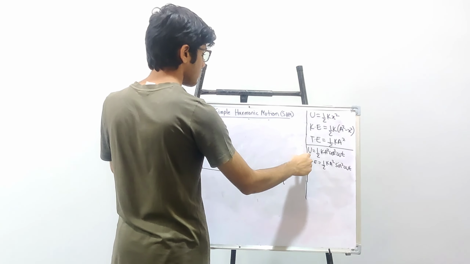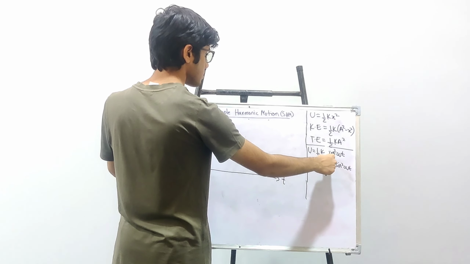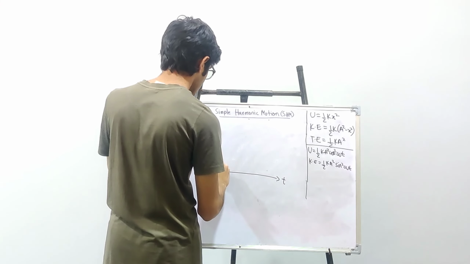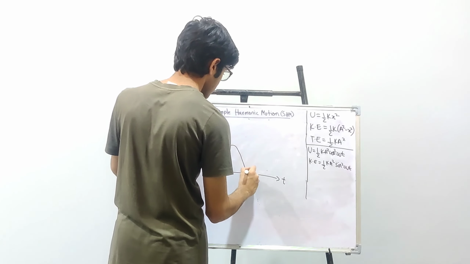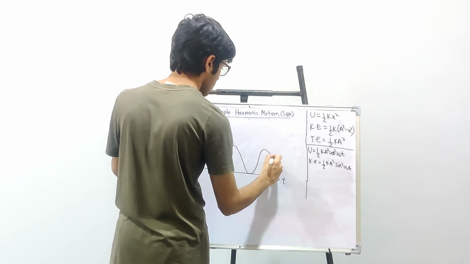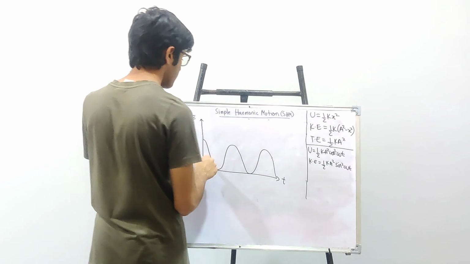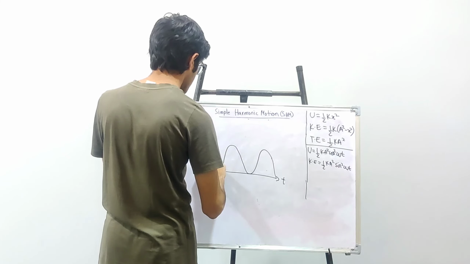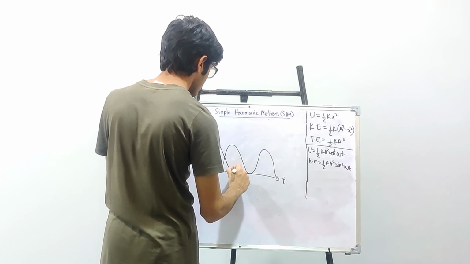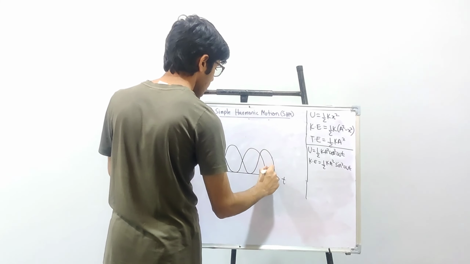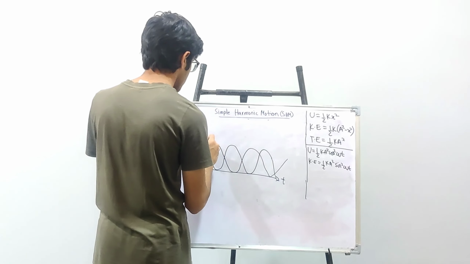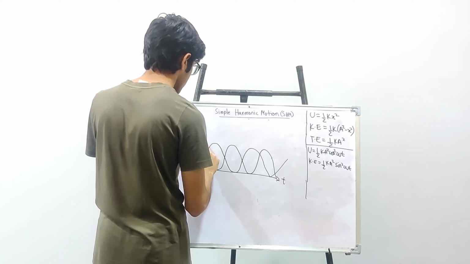We know that potential energy is a cos square function. So cos square function will always remain in the first quadrant. It will be like this. This is the graph for the potential energy. Kinetic energy is a sine square function. Sine square function will also be in the first quadrant only. Like this. And the total energy will always remain constant.